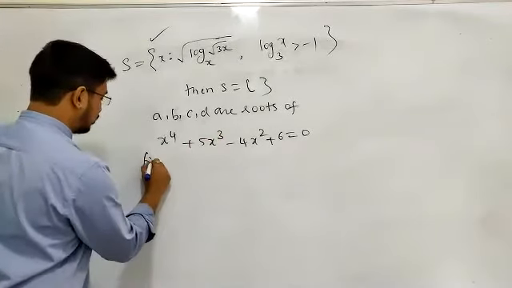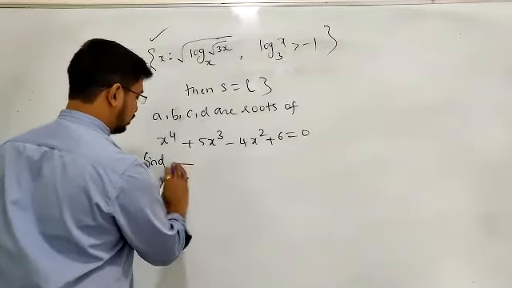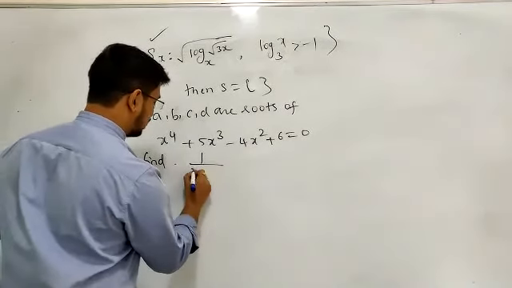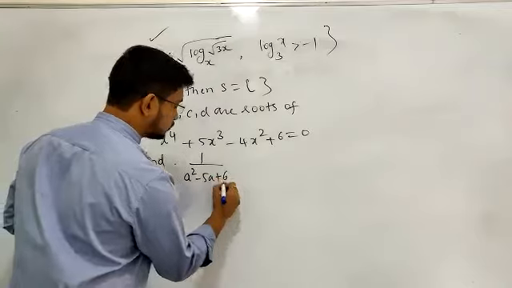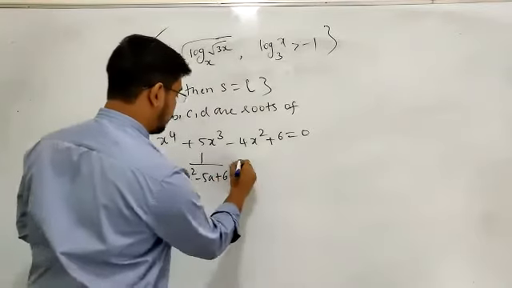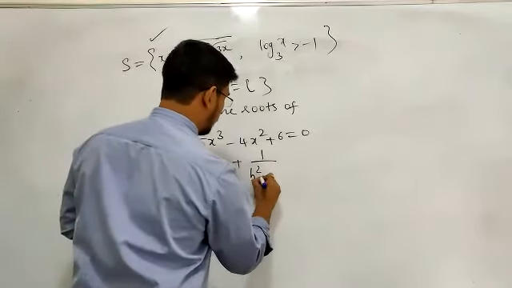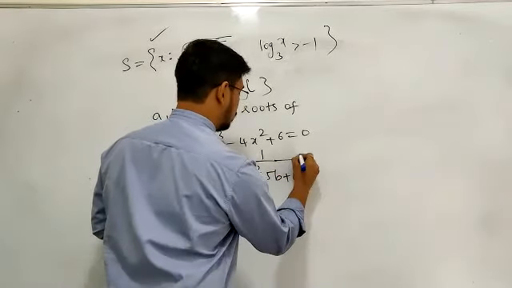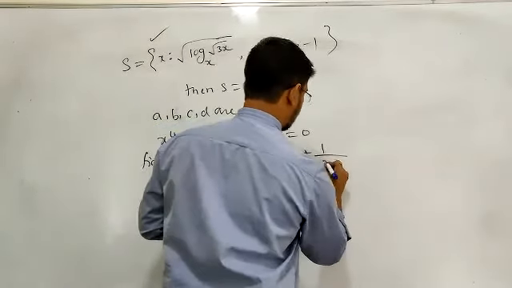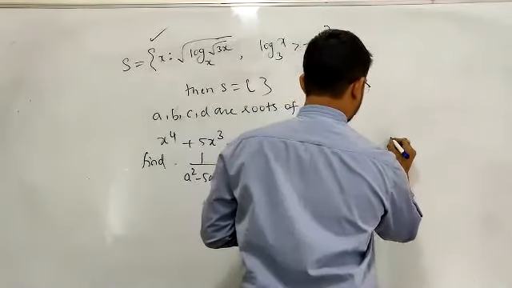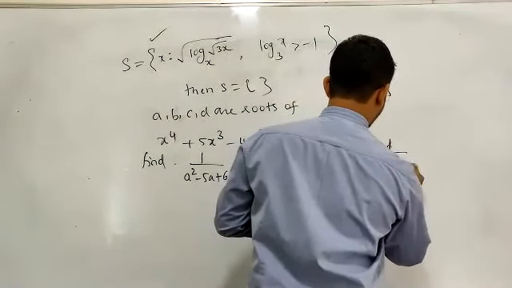Then find the value of 1 by a square minus 5a plus 6 plus 1 by b square minus 5b plus 6 plus 1 by c square minus 5c plus 6 plus 1 by d square minus 5d plus 6.